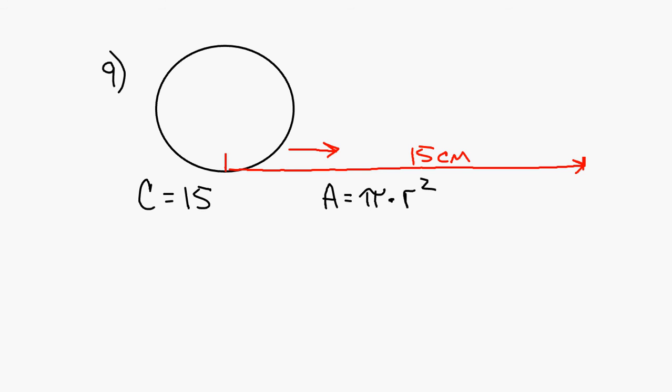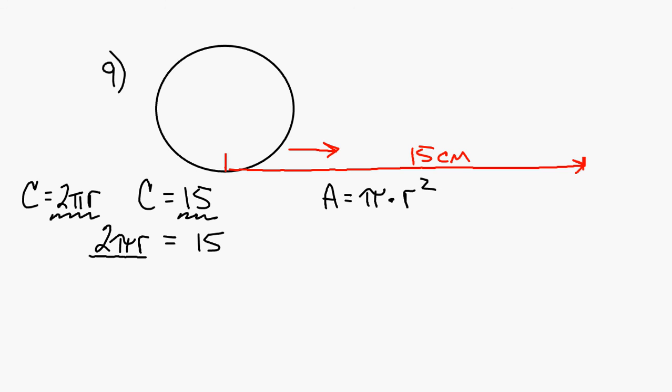If you know the circumference, and you also know that circumference equals 2 times pi times the radius, then you can set these two values equal to each other, and you can solve for the radius. So you would set 2 times pi times the radius equal to 15.